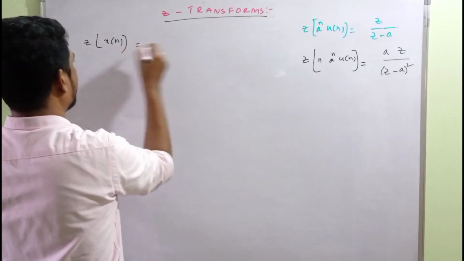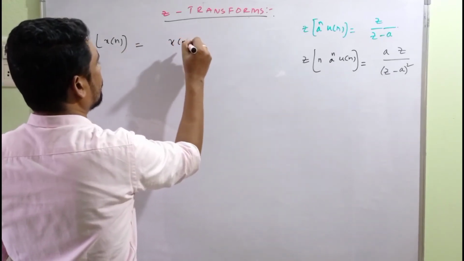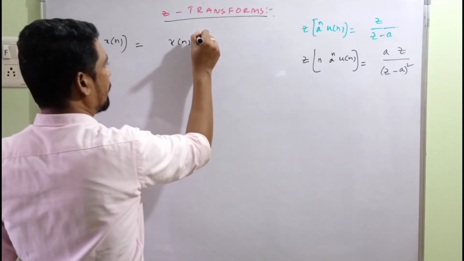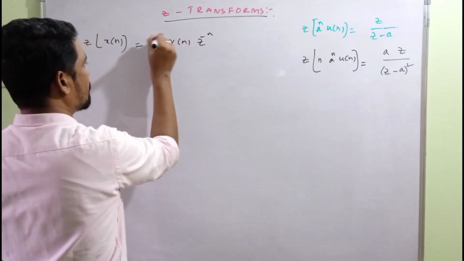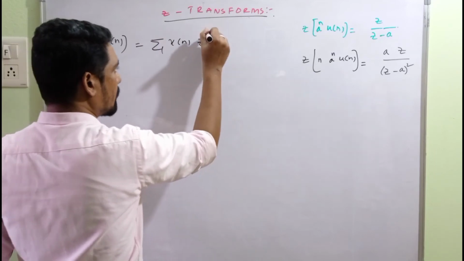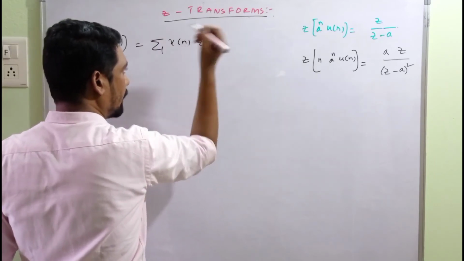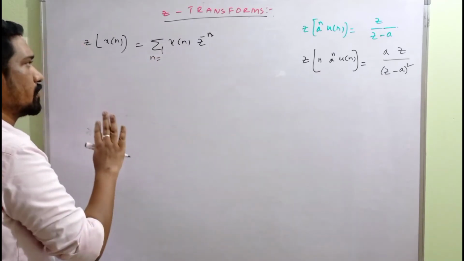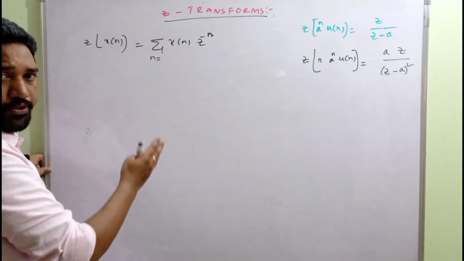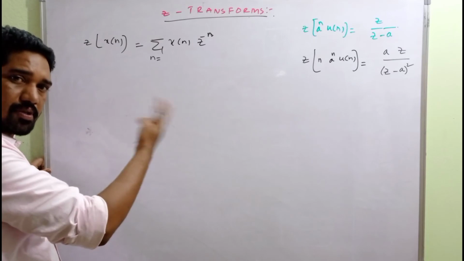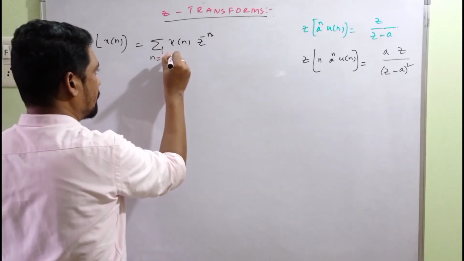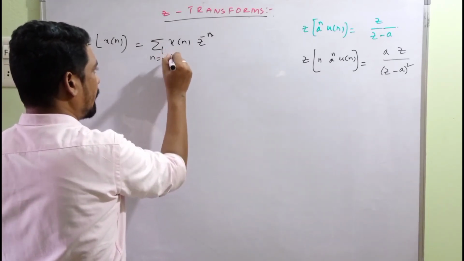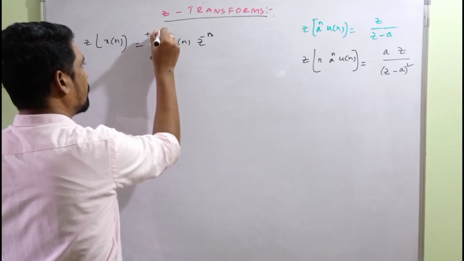And here, the function x of n is multiplied with z raised to minus n, and summation is obtained. Guys, it's a to the n, and the summation, n equal to, let me go for the bilateral. Unilateral is something else; for the time being, it's bilateral, extending from minus infinity to plus infinity.